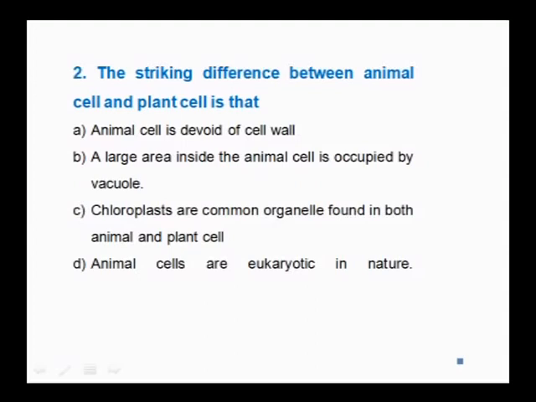Option D says only animal cells are eukaryotic. Actually, all the organisms belonging to four kingdoms except Monera are eukaryotic. So, Protista, Mycota, Animalia and Plantae all include eukaryotic cells. So, answer for second question is A.